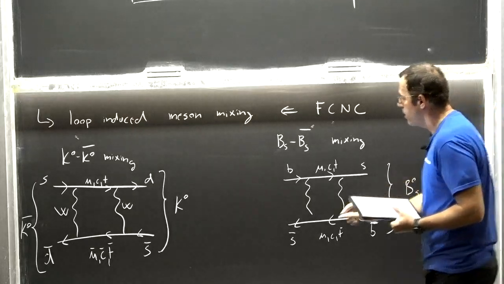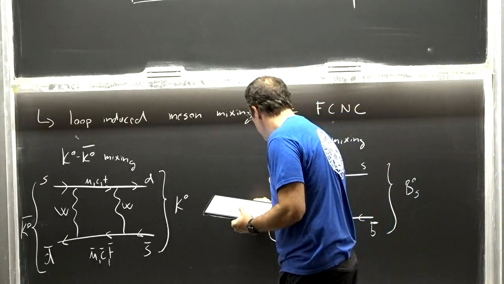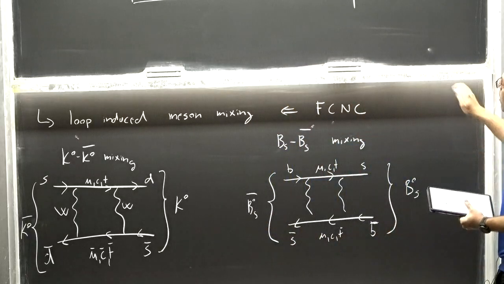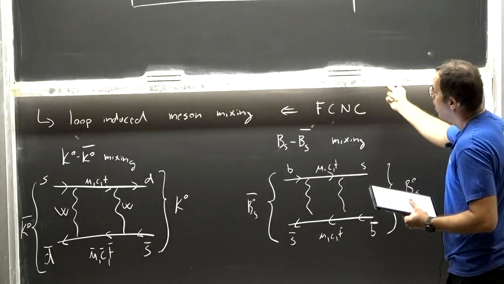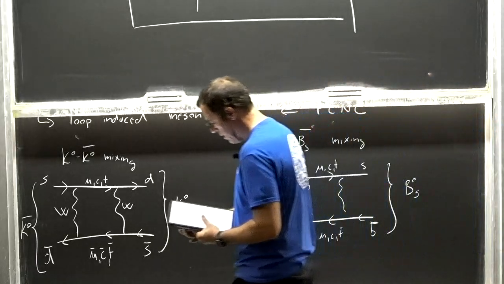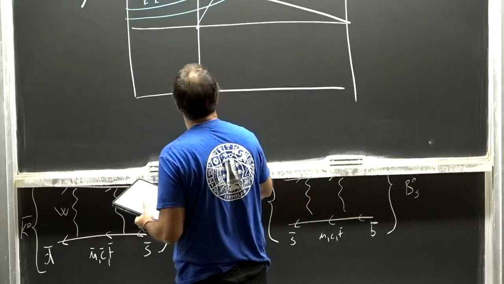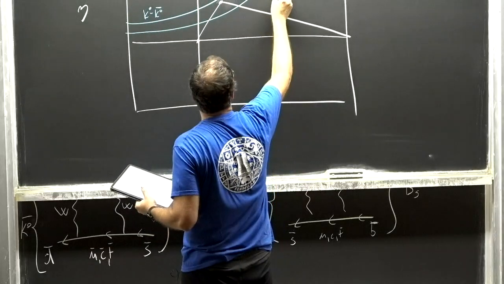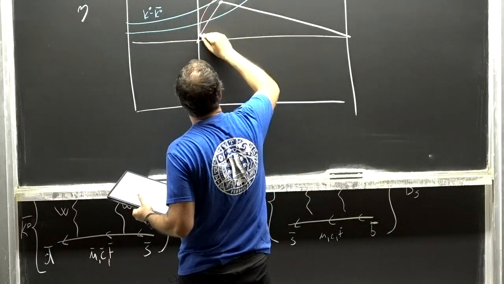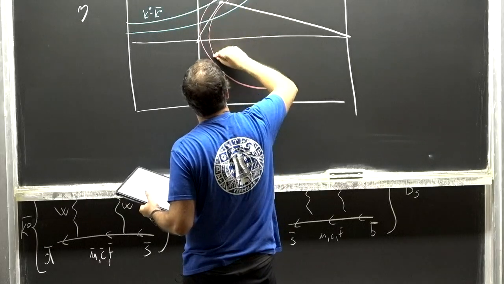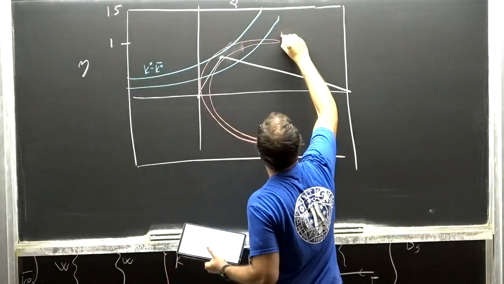This is similar terminology. B_S0 bar goes to B_S0. Now that carves out a region, something like this. It's supposed to be a circle.